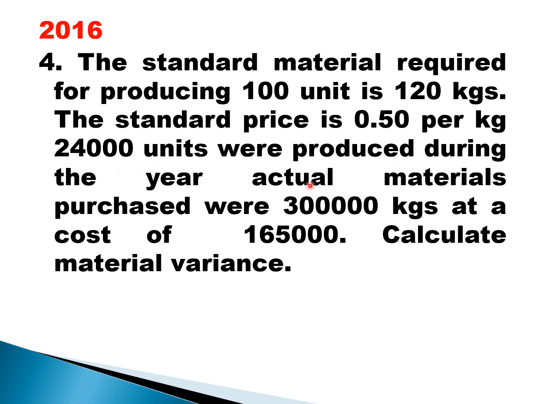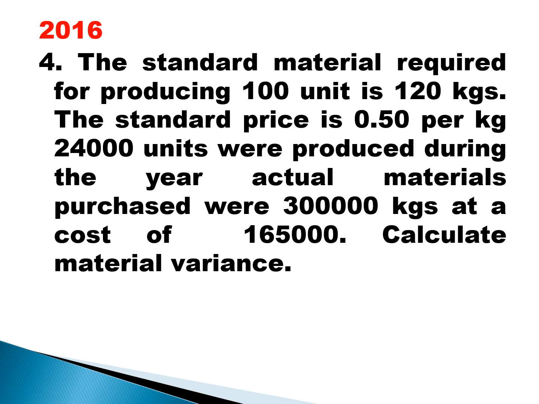24,000 units were produced during the year. Actual material purchased were 3 lakh kgs at a cost of 1,65,000. So 3 lakh kg is called AQ, actual quantity. So 3 lakh kgs were purchased for 1,65,000.